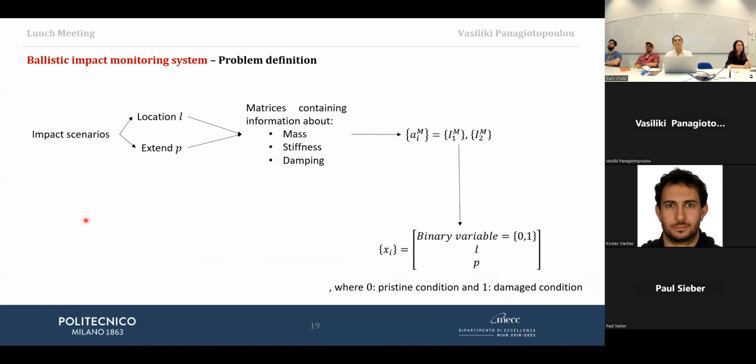Back to the problem, because we might forget what the problem is, what the target is after so many experimental tests. So we have different impact scenarios, and this is parameterized with respect to the location.